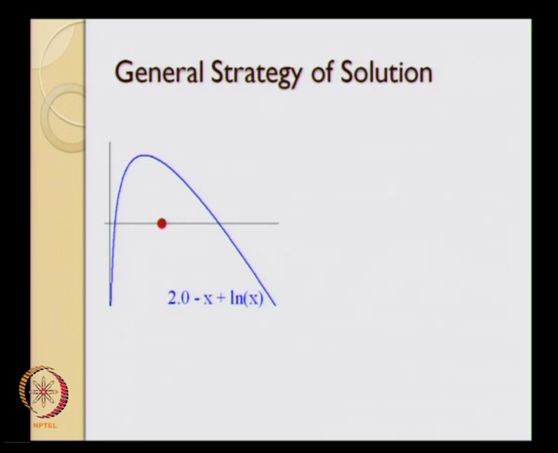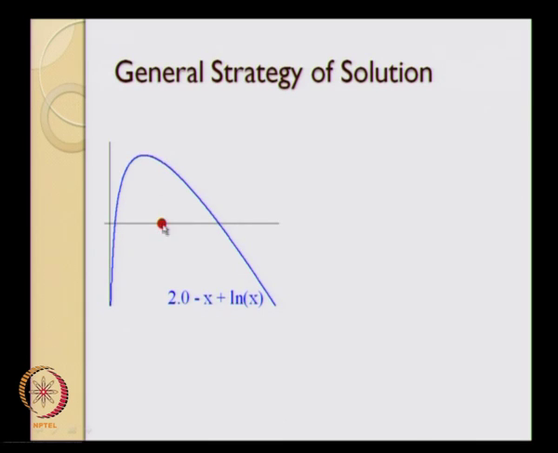Okay. Now, all the methods that we are going to look at will follow a certain general strategy of getting this solution. The general strategy will first require an initial guess, shown by the red dot over here. We need to either provide an initial guess, or the numerical method that we develop has to incorporate a method to get that initial guess.